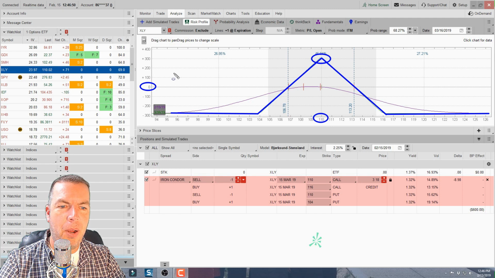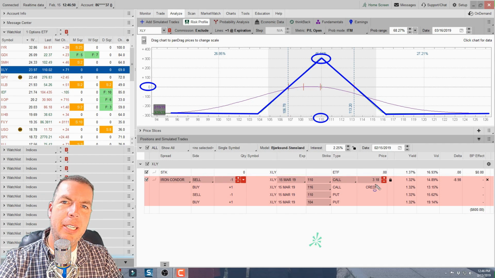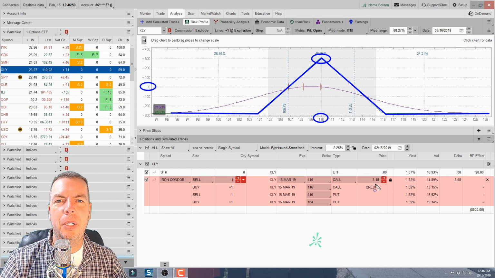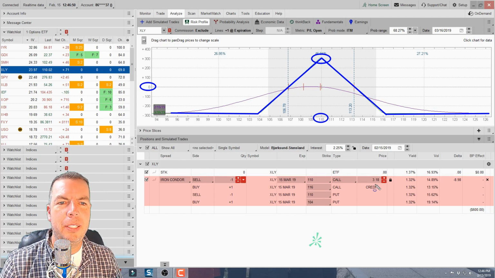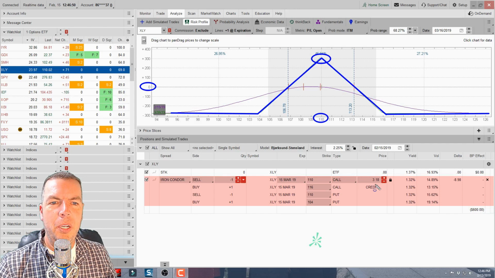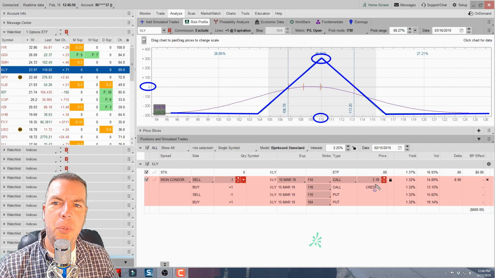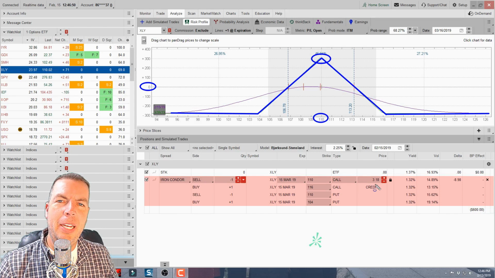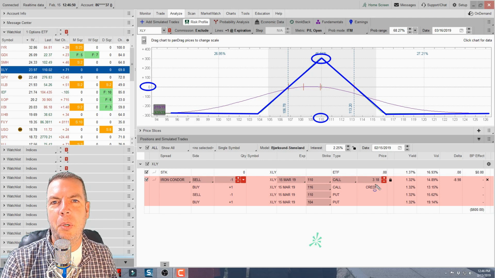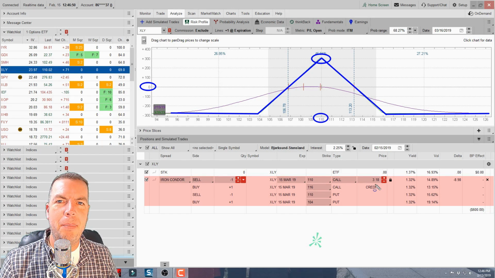And what's our maximum profit? Well, $3.18 or $318 if we let this iron butterfly go all the way to expiration. So by selling this today, we're going to receive $318 into our trading account. And anytime we sell something, in order to close that trade out, we have to buy it back.